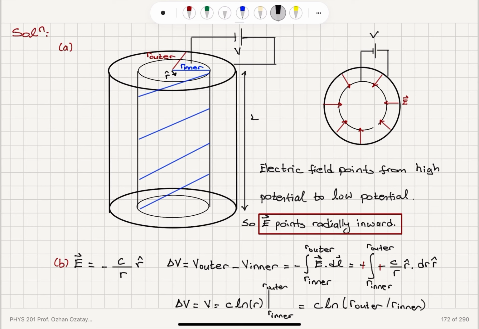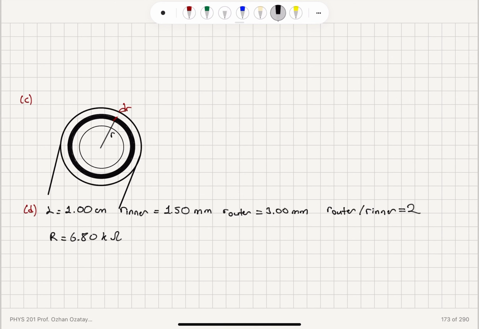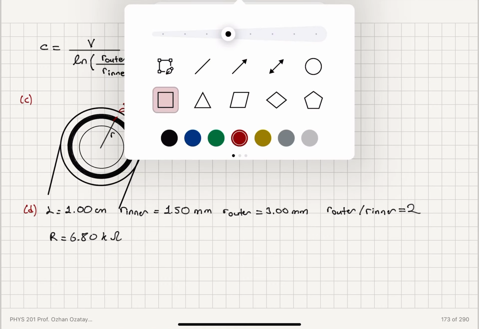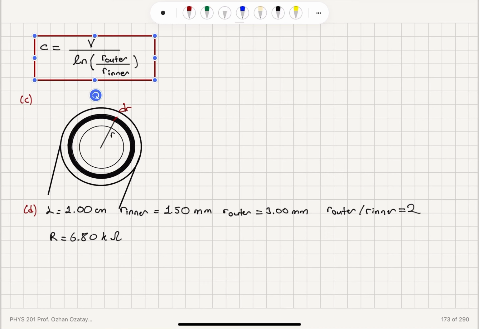That's a property of the logarithm. So from this expression, I can find what C is. The constant C is equal to the potential difference V divided by natural logarithm of R outer divided by R inner. So that's the answer to part B.